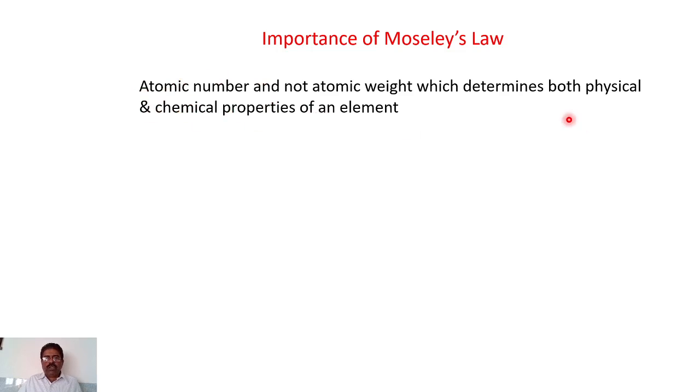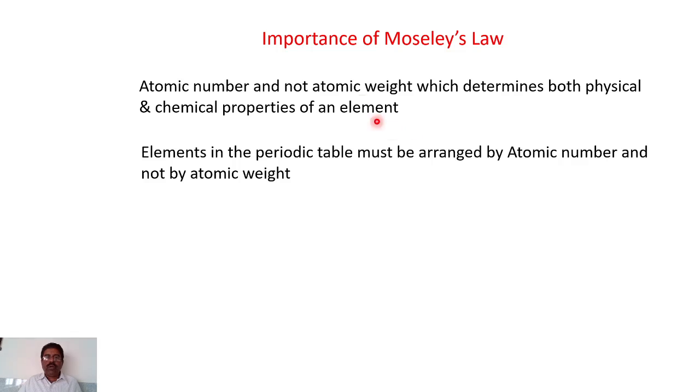So both the physical and chemical properties of an element are dependent on atomic number and not atomic weight. This is the important conclusion proved from Mosley's law. Then one more important conclusion, that the elements in the periodic table must be arranged by atomic number and not by atomic weight. So this is very clear.